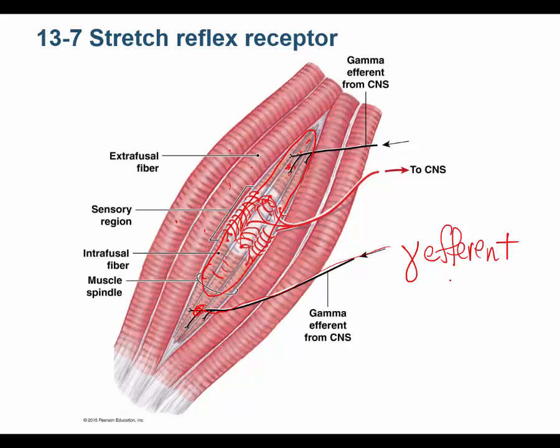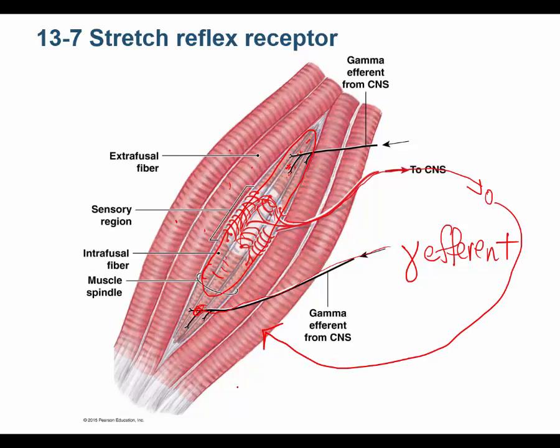Okay, having said that, my muscle spindles have the same tension. When I tap my patellar ligament, this muscle spindle stretches, the sensory nerve goes through the dorsal root and into the spinal cord and tells the motor neuron to fire.